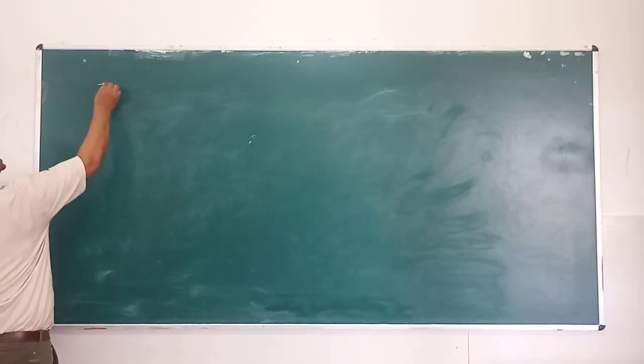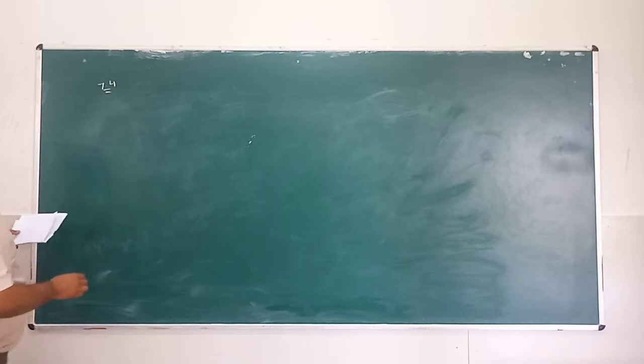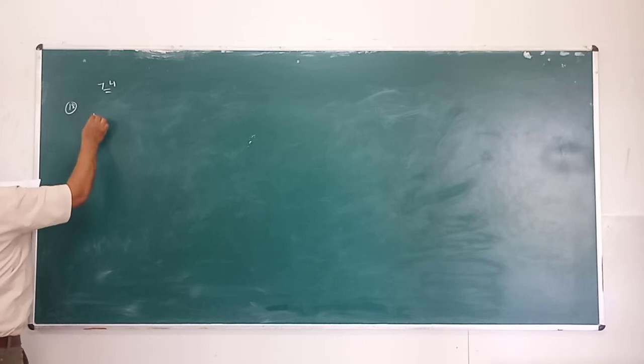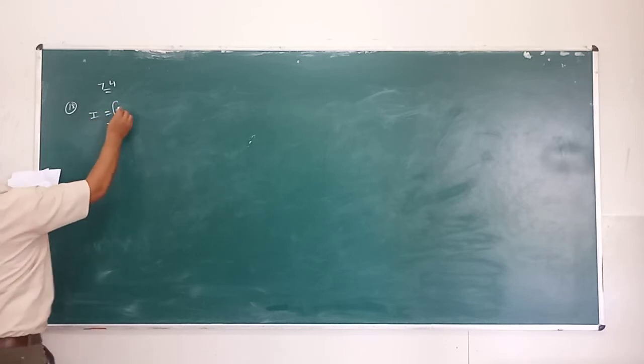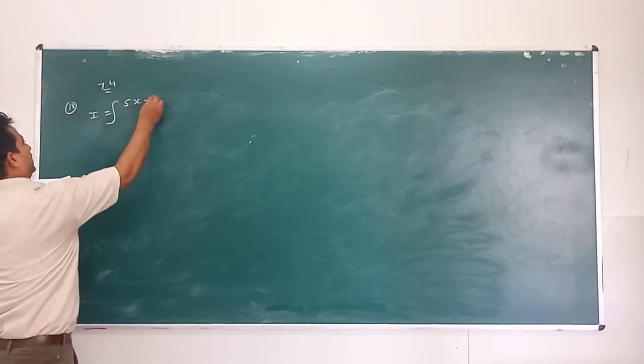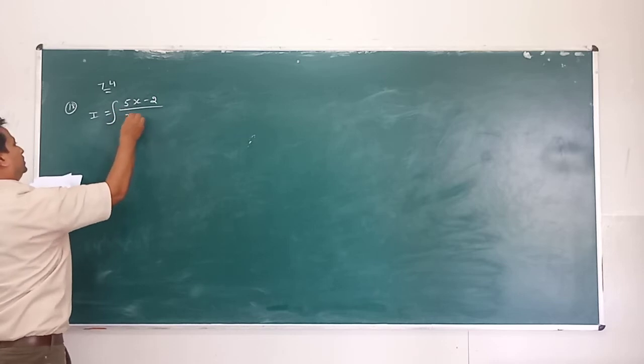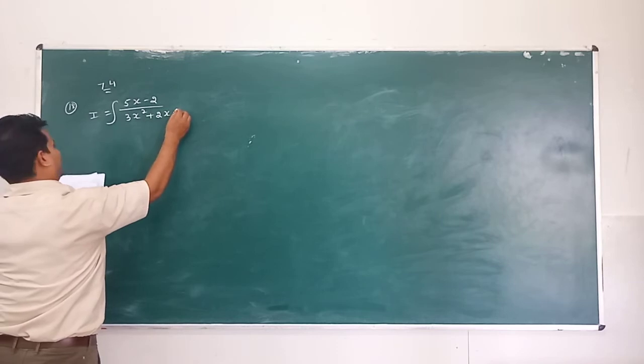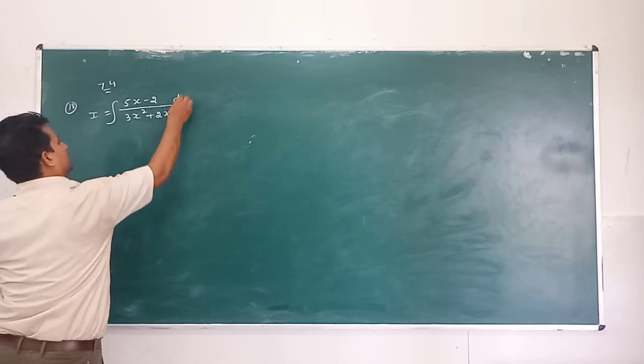Good morning, students. Today we start the remaining questions of exercise 7.4, in which question number 18 is: I equals the integral of (5x minus 2) upon (3x square plus 2x plus 1) dx.